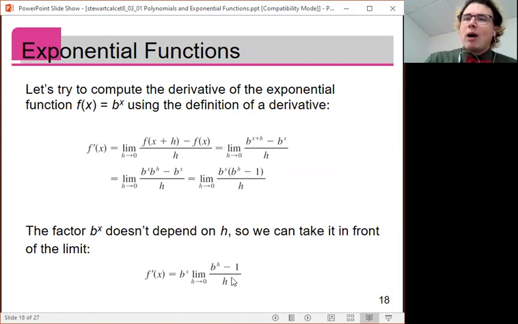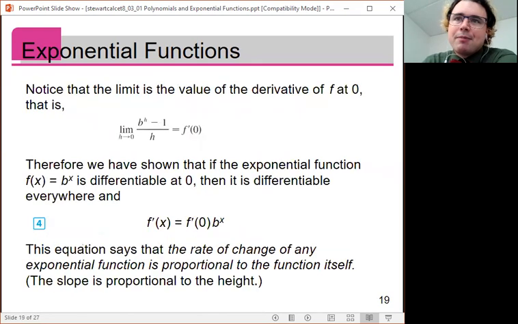So for right now, I don't have rules for this kind of a limit. Yes, the numerator is going to 0. The denominator is also going to 0, but I don't have much algebra here that will be able to help me out. I would have to resort to computer calculation.